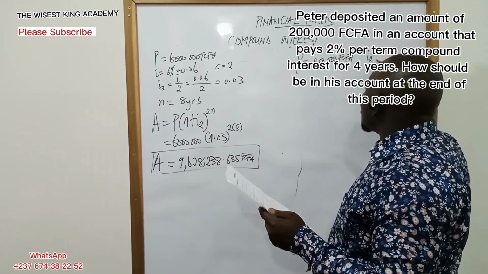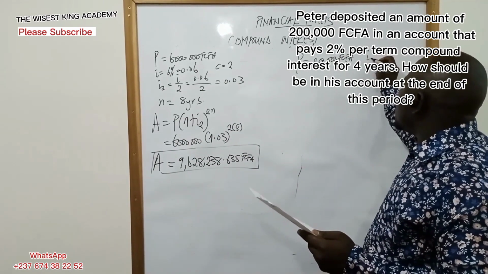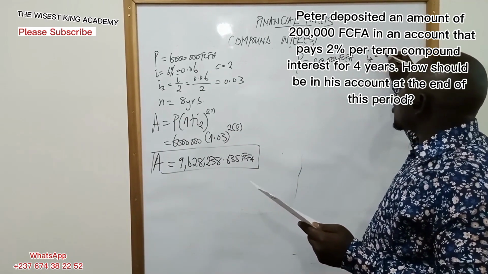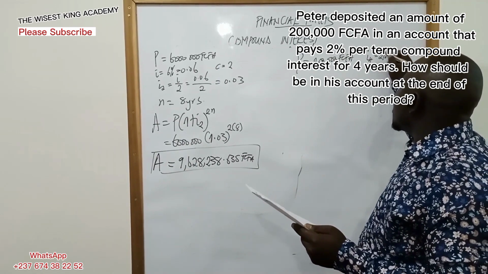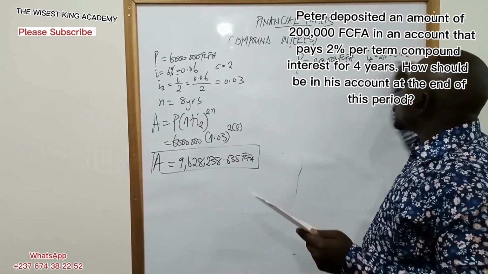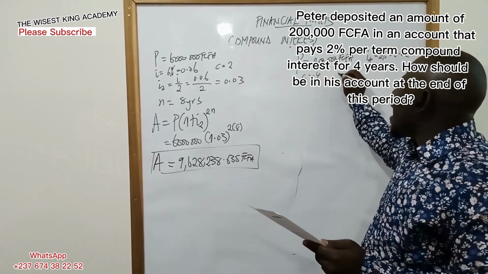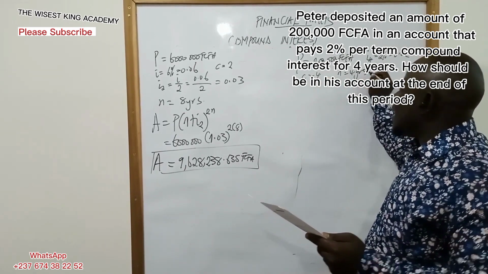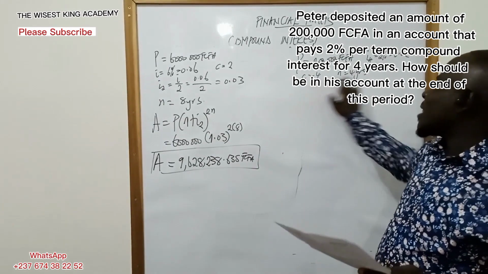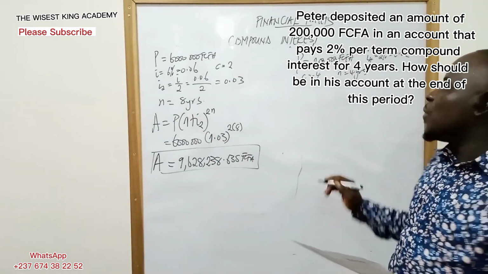The interest rate I4, the termly rate, is equal to 2%, which is 0.02. Small c will be equal to 4. N is equal to 4 years. How many quarters are in 4 years? That's 16 quarters. That's 4 times 4.